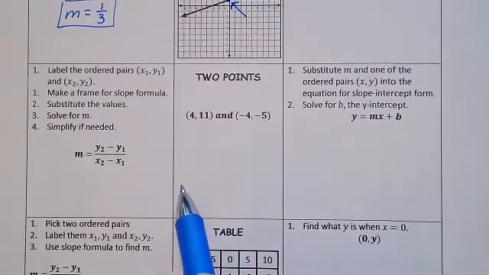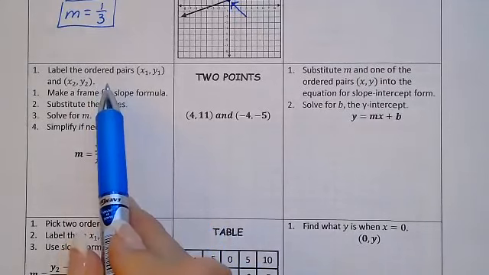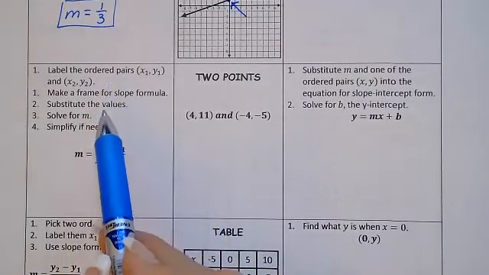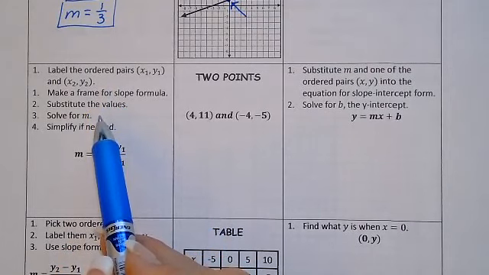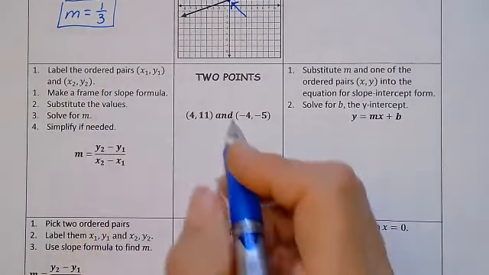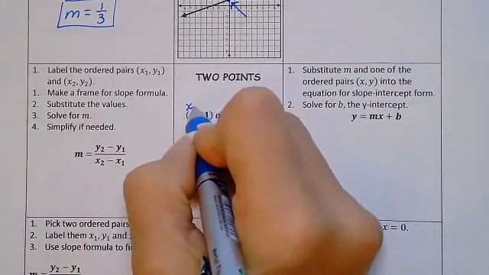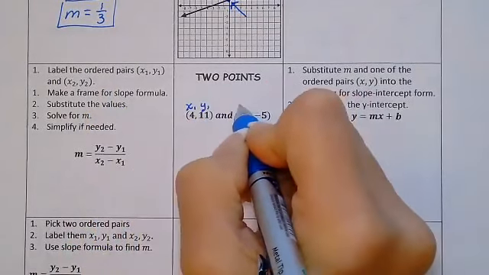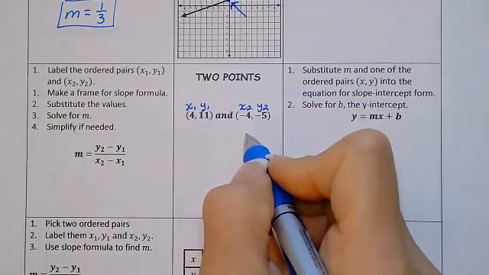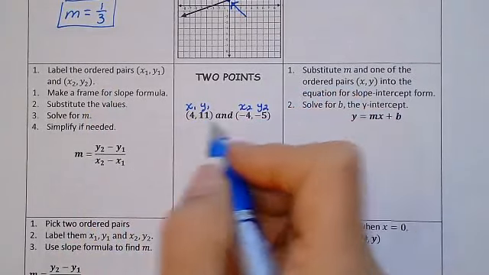For 2 points, we're going to label the ordered pairs x1, y1, and x2, y2. Make a frame for the slope formula, substitute the values, solve for m, and then simplify if needed. So I'm going to label this one x1, y1, and x2, y2. I'm going to make a frame.